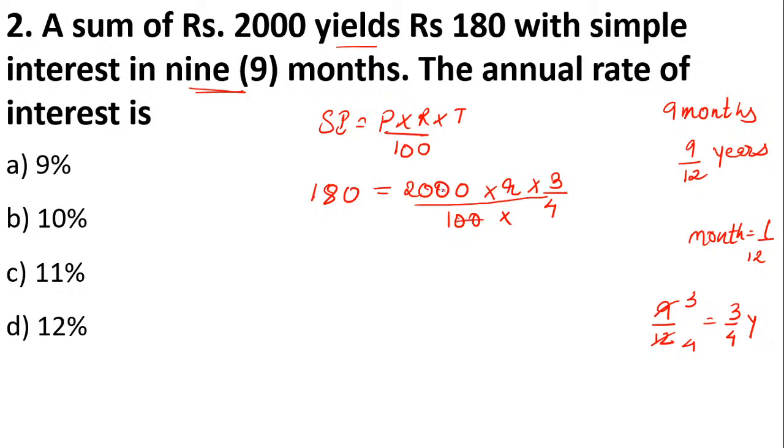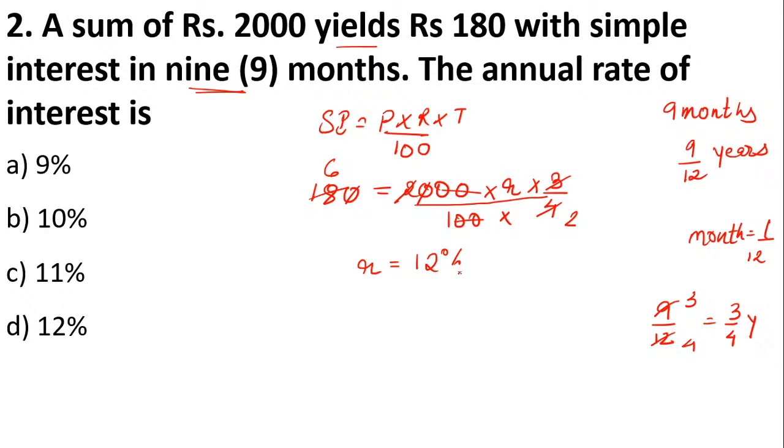First, I'll cancel the zeros. Then this 0 can be cancelled from this side because everything is in multiplication. 2 will be cancelled with this 2 and 3 will be cancelled with 6. So rate is equals to 6 into 2 is 12%. I hope you guys got it, 12%.